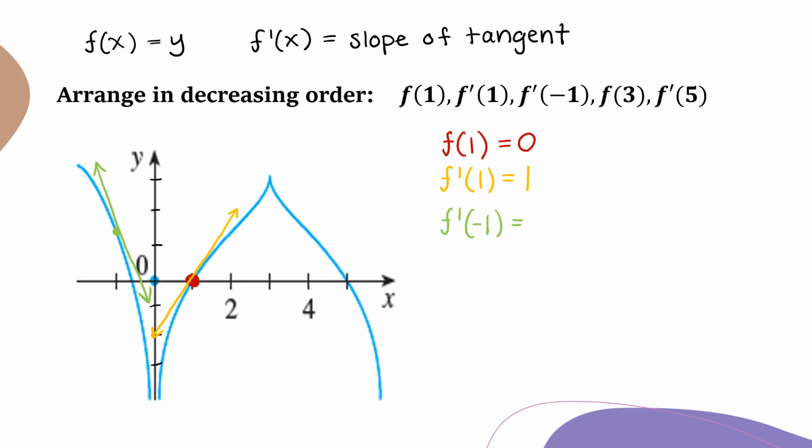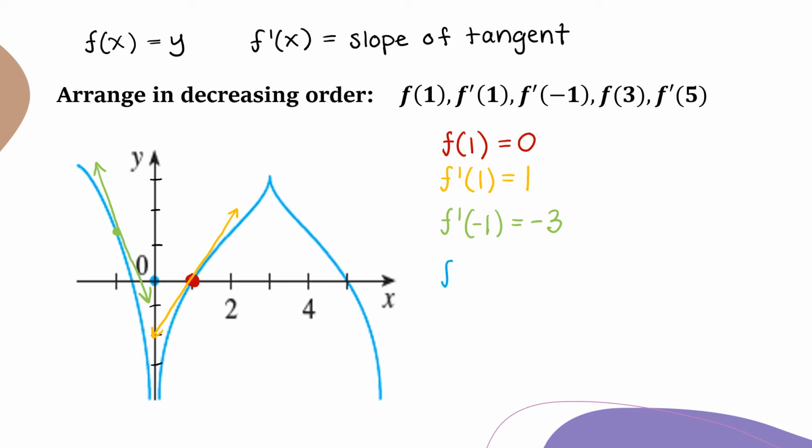Which I'm going to say is about negative 2 or negative, well, that's pretty steep. I'll go with negative 3. It's an approximation. We'll see if the other ones need me to be a little more precise with that. But it's negative, and it's definitely steeper than f prime of 1.